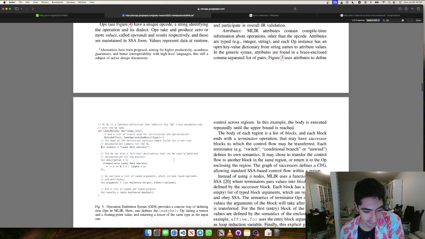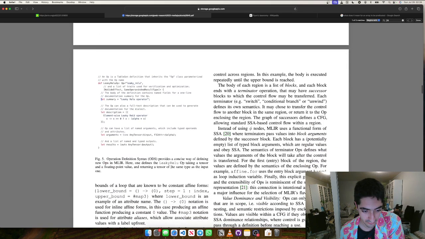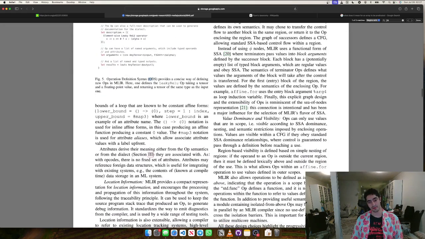I don't know what this is. What language is this? Operation Definition Syntax, ODS, provides a concise way of defining new operations in MLIR. Here, one defines the leaky ReLU operation, taking a tensor and a floating point value, and returning a tensor of the same type as the input one.